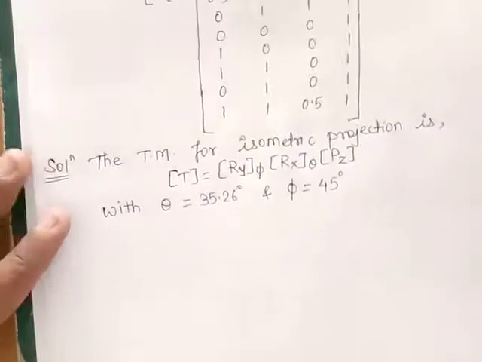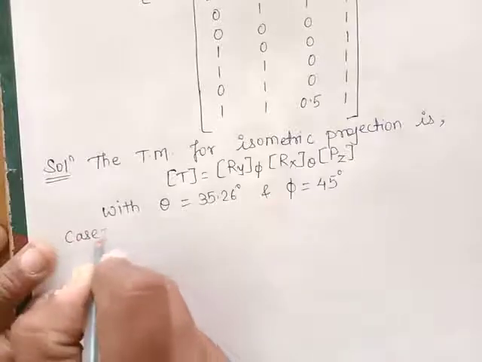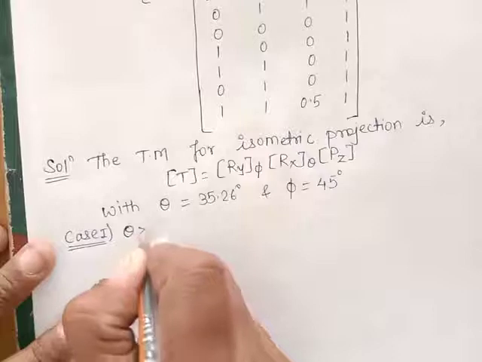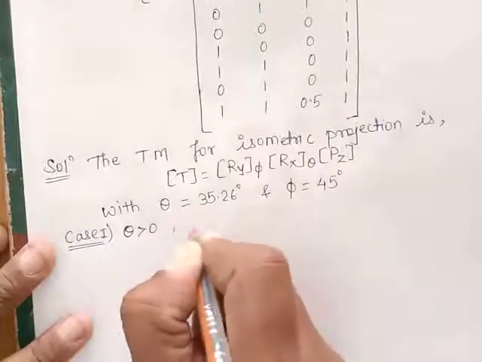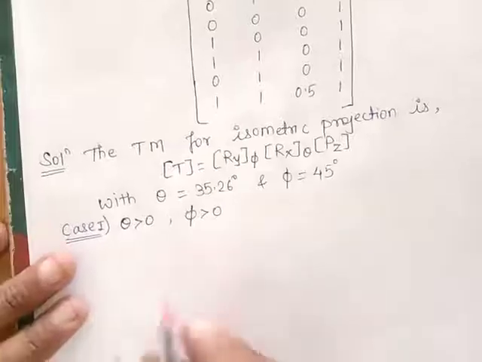So now let's determine the transformation matrix for case 1. The case 1 when theta positive, phi positive, right? So what is T?